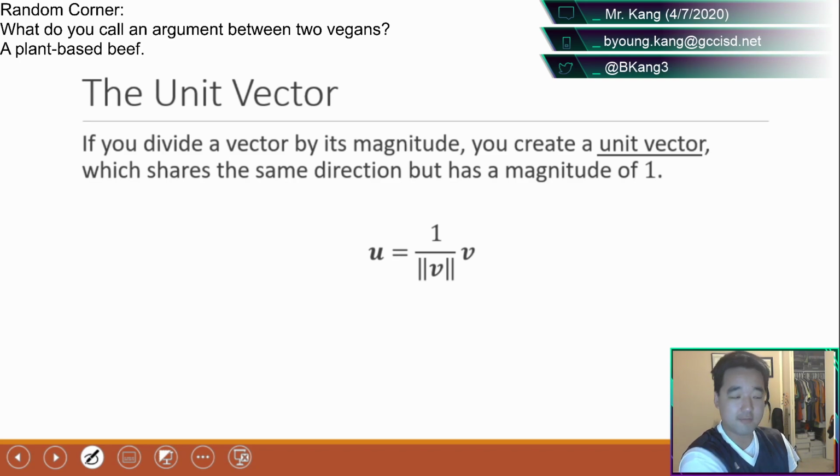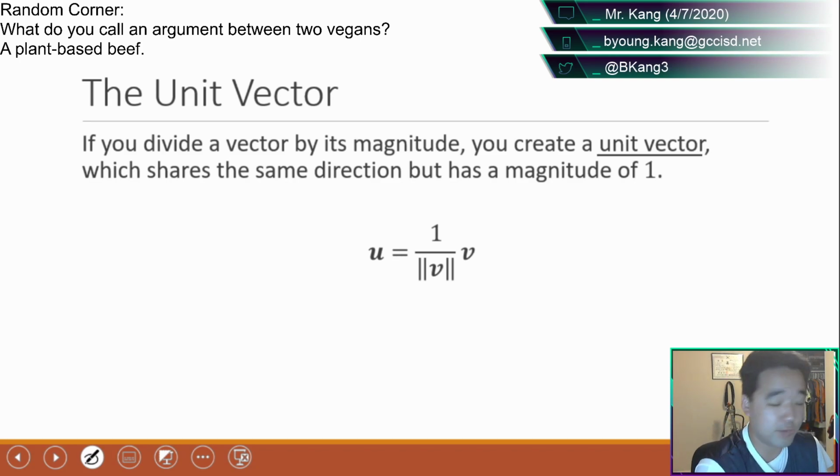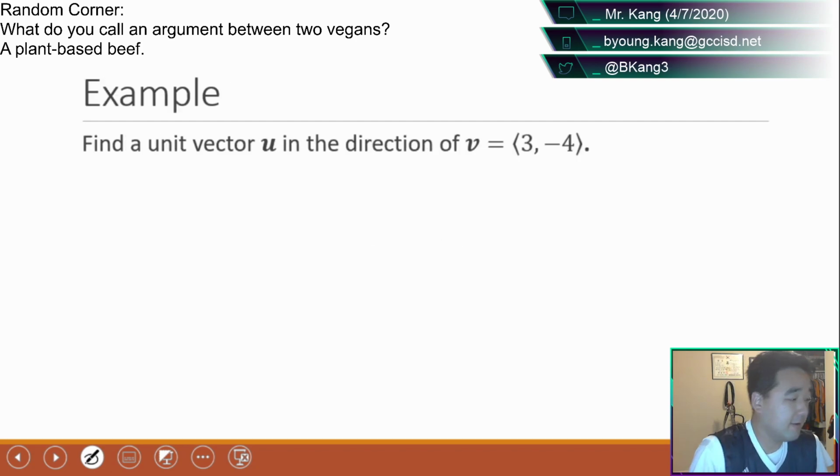So if you take a vector and you want to create a magnitude of 1, you just have to divide by that magnitude. The direction stays the same because you don't change directions when you multiply by a number, and you just get a magnitude of 1. So find a unit vector in the direction of 3, -4.